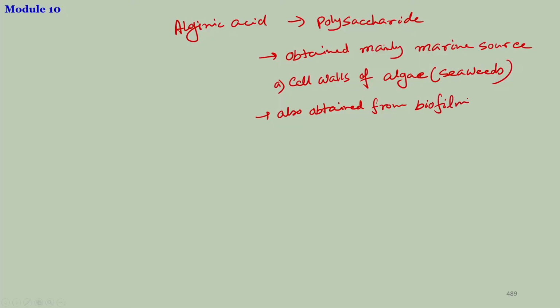The term biofilm may be unknown to you at present, and I do not have the scope in this course to discuss biofilm. Biofilm is a kind of film that bacteria make to protect themselves from antibiotics. So, biofilms are basically resistant to the applied antibiotics.